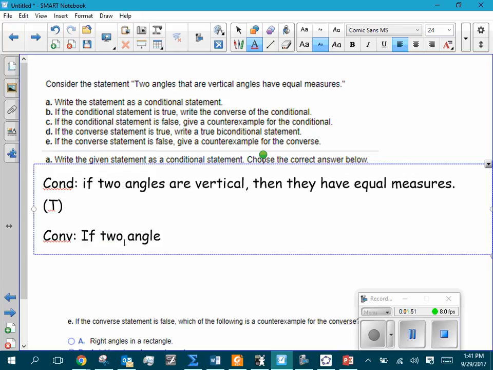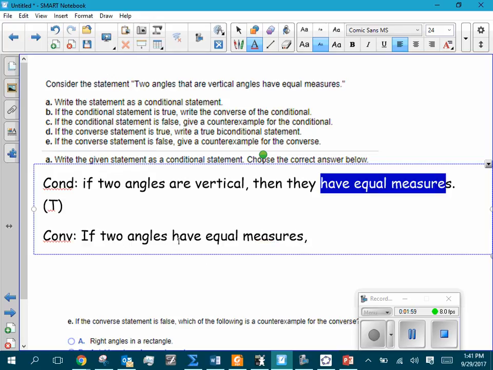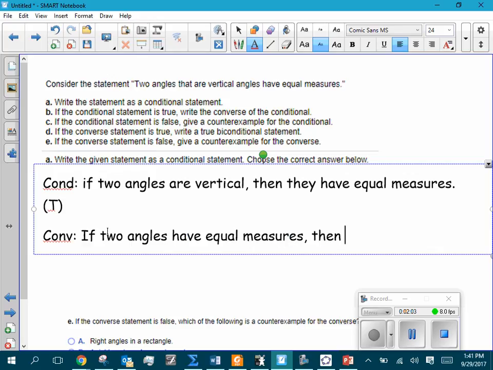If 2 angles have equal measures. Now, putting this conclusion part in my hypothesis, then put this hypothesis as your conclusion down here. So then 2 angles are vertical.